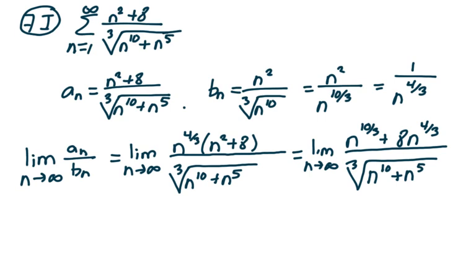So it's not obvious, okay? And so what I'm going to do is go back a little tiny bit. I'm going to factor out the n to the 4 thirds. So we're going to need that to help us evaluate the limit, okay? And we're going to factor out an n to the 10th within that radical. And let's just see what we get.